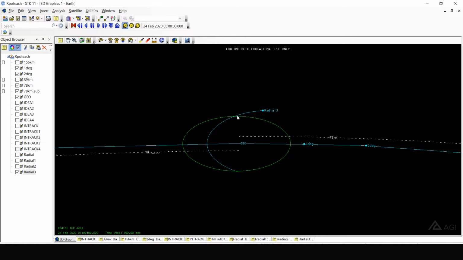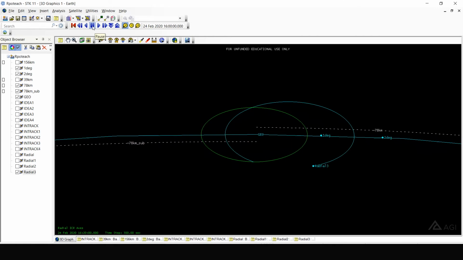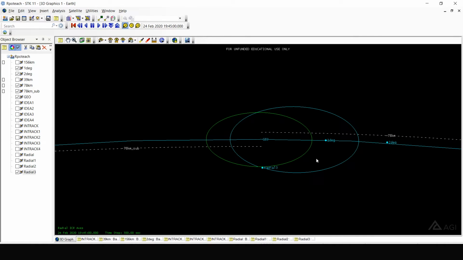So definitely we beat our old point of apogee. We haven't changed our semi-major axis. But what's really interesting about this is because we've increased our point of apogee, but we haven't changed our semi-major axis, and the point of apogee and the point of perigee are symmetric around that semi-major axis, we also had to lower our point.